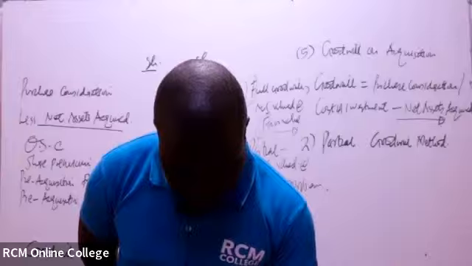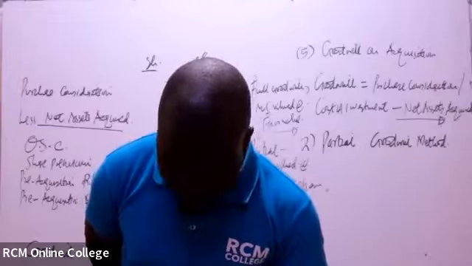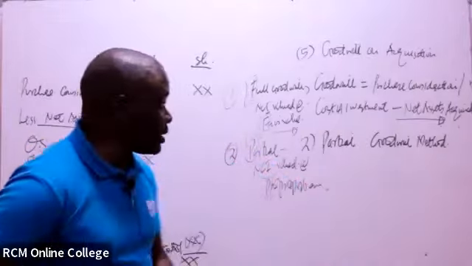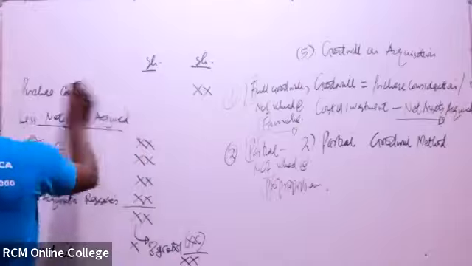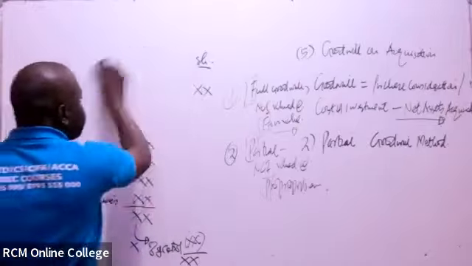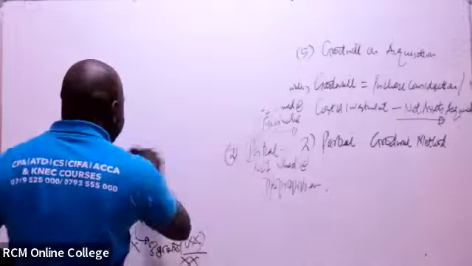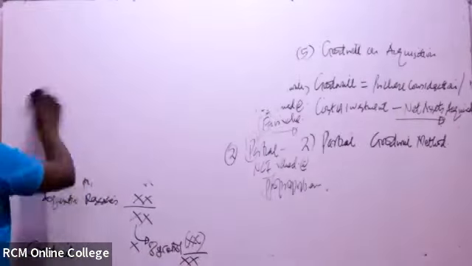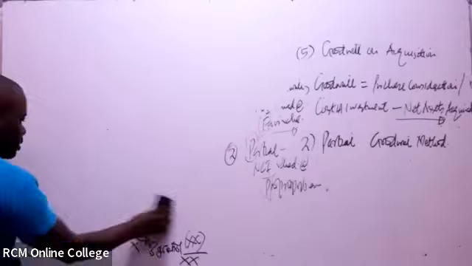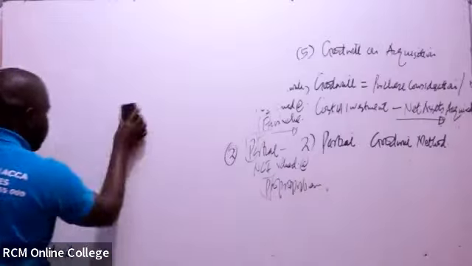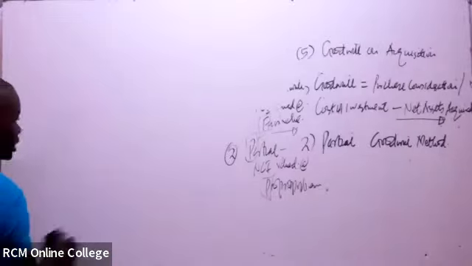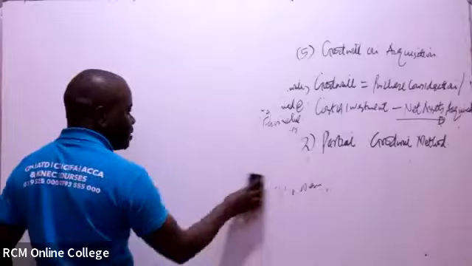There's another one, what you call fair value adjustments. That could be the one I need to look at before we start on illustrations from the past papers.